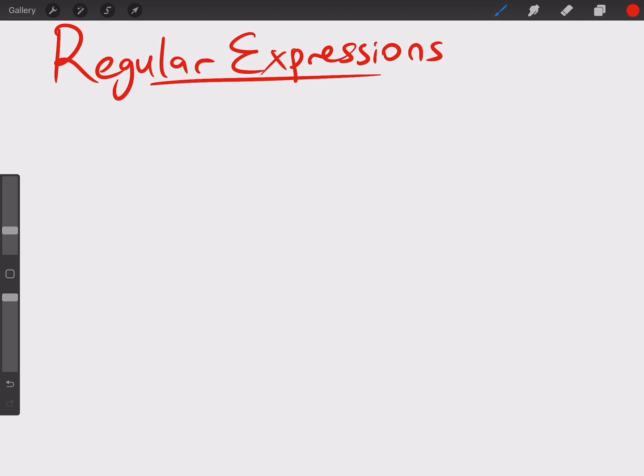Yes, so there are certain operators in regular expressions. We have the union. Let's say we have a language L1. L1 can be united with L2 with the union symbol.